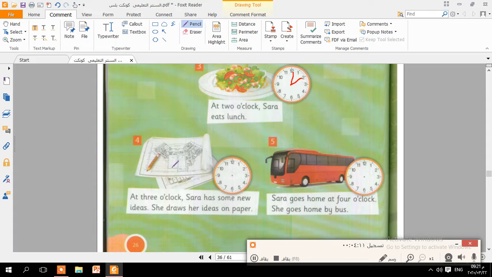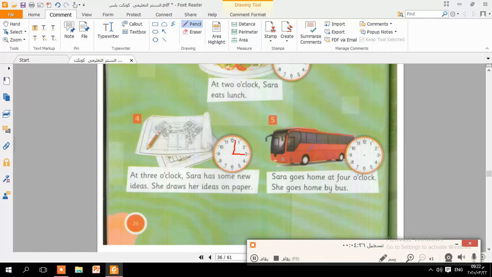Number 4. At 3 o'clock, Sarah has some new ideas. She draws her ideas on paper. So we will draw the small arrow at 3 and the big arrow points to 12. Number 5, what is it?